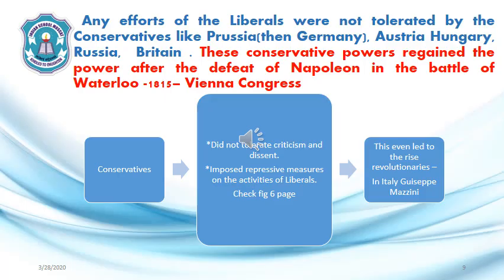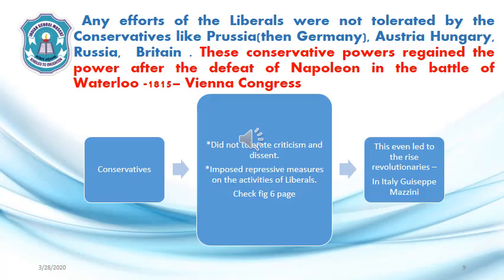Take an example, then Germany called Prussia, Austria-Hungary, Russia and Britain, all were ruled by conservatives. They didn't want to allow liberal sentiment to grow so much, because in due course of time, these conservatives would be losing their power. So they didn't want to lose power.